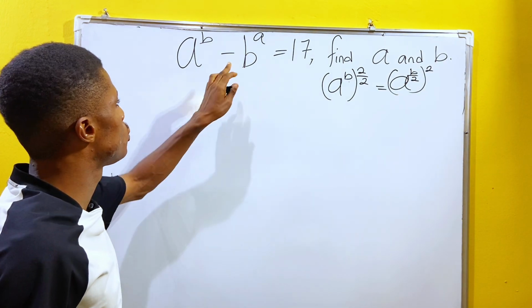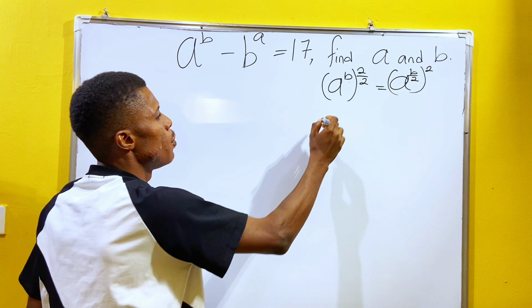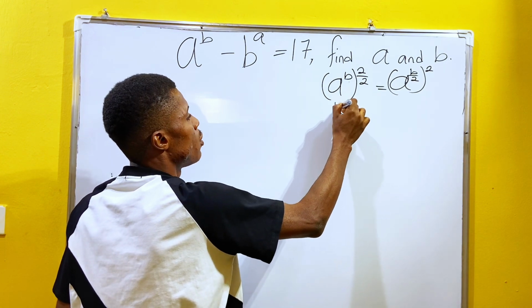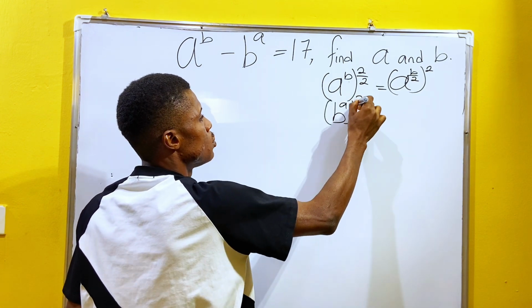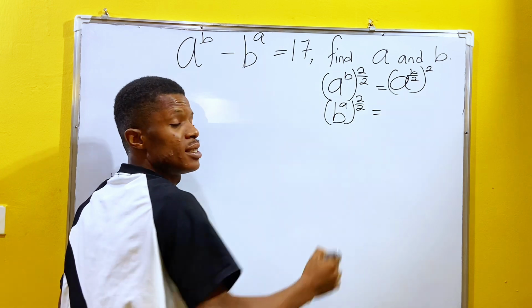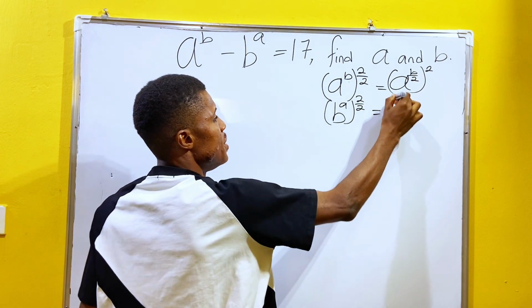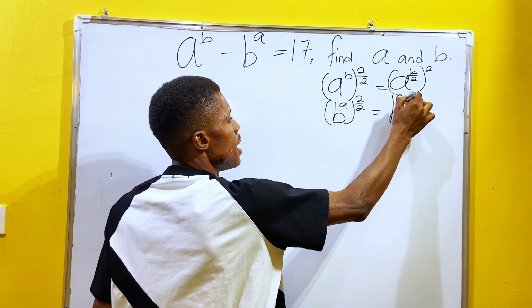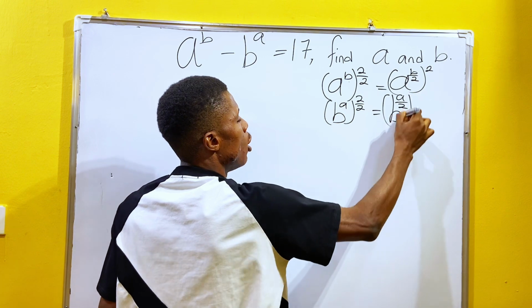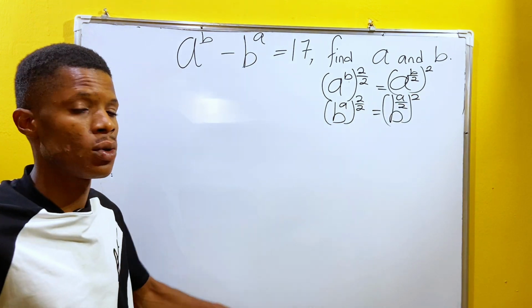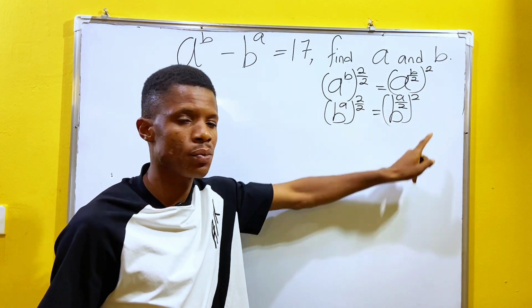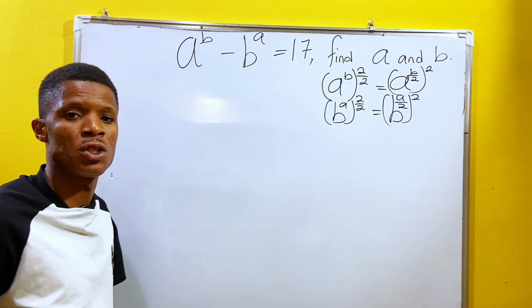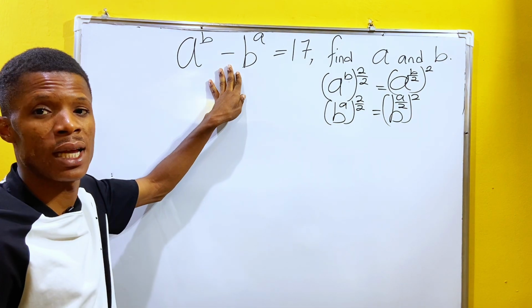We have to do the same thing to b. So b will now be b to the power of a raised to the power of 2 over 2, which will now be the same thing as what? B to the power of a over 2, then all squared. Because of this square, we just factored out the 2. So we are going to substitute it into this particular term.